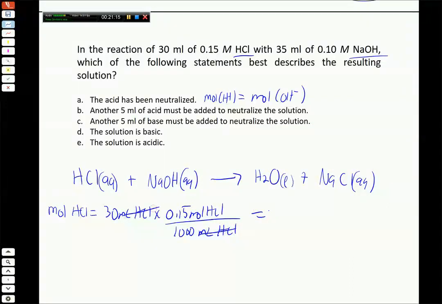And so the amount of HCl, or the amount of acid that we've added, is 0.0045 moles of HCl.